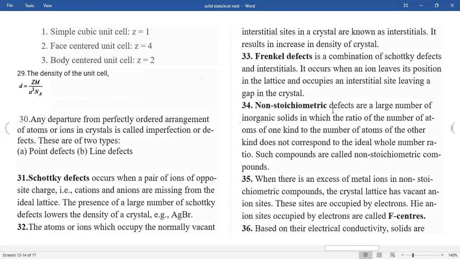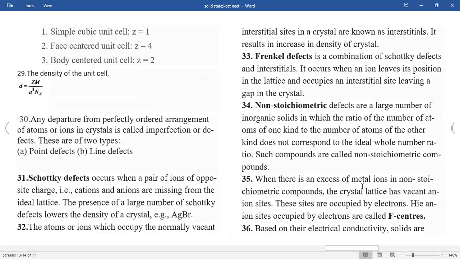Okay, so when it comes to non-stoichiometric defect, it is a large number of inorganic solids in which the ratio of the number of atoms of one kind to the number of atoms of the other kind does not correspond to the ideal whole number ratio. Such compounds are known as non-stoichiometric compounds.